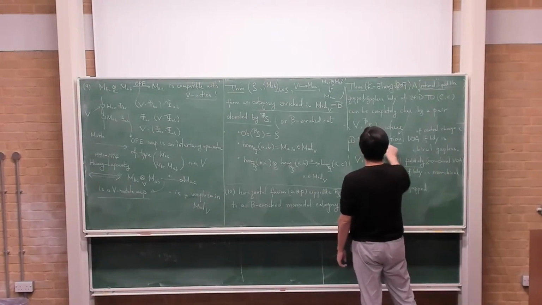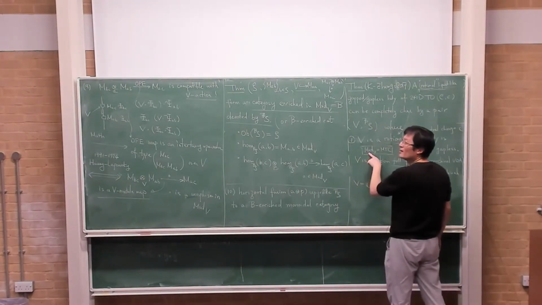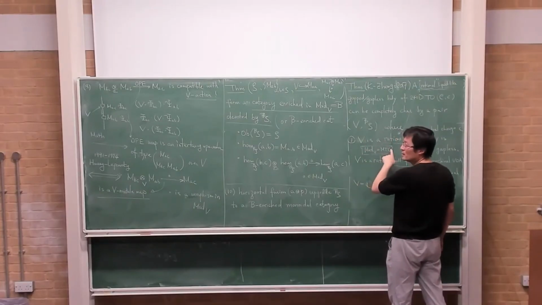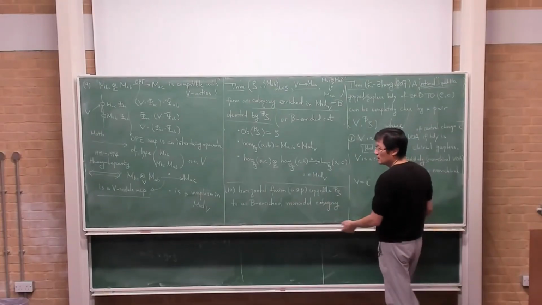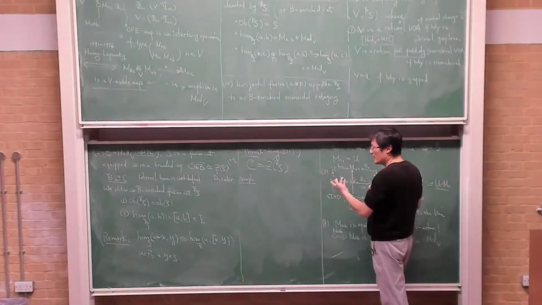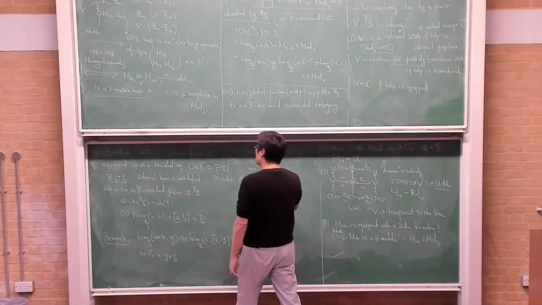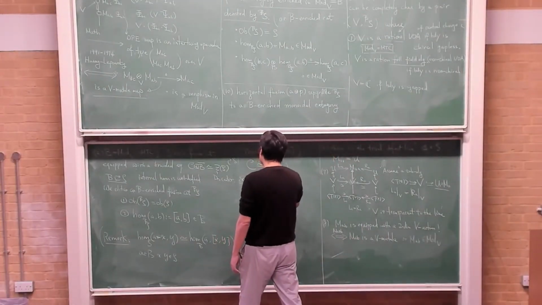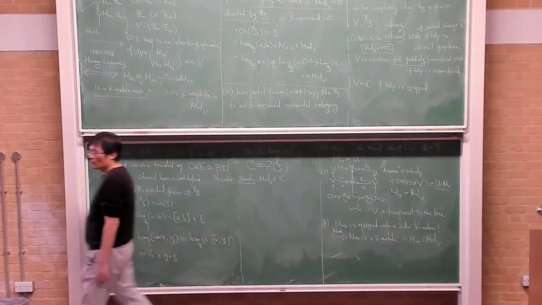The same as Moore-Seiberg: a chiral algebra is rational if Mod V is modular. When I give you an example, then it becomes clearer. So for example, you choose.